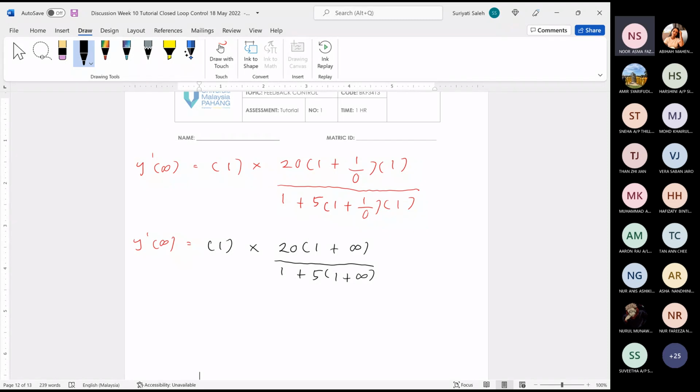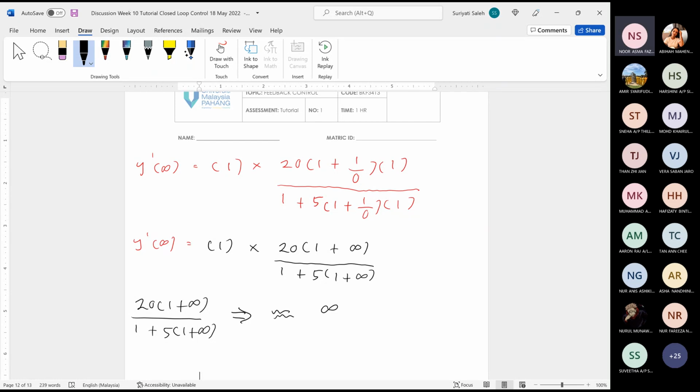In this case, since we consider infinity the last number, whatever you add or multiply still becomes infinity. There will be no after infinity. So if we look at the numerator, 20 times 1 plus infinity will be approximately infinity. 1 plus infinity becomes infinity.